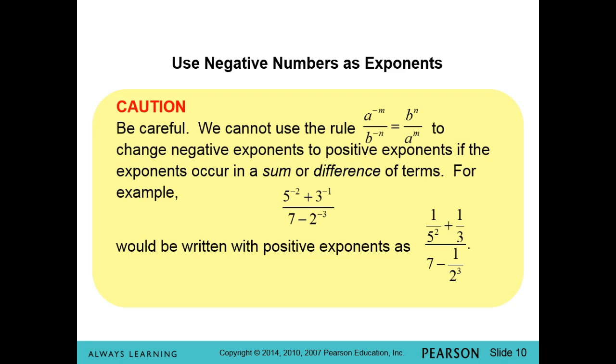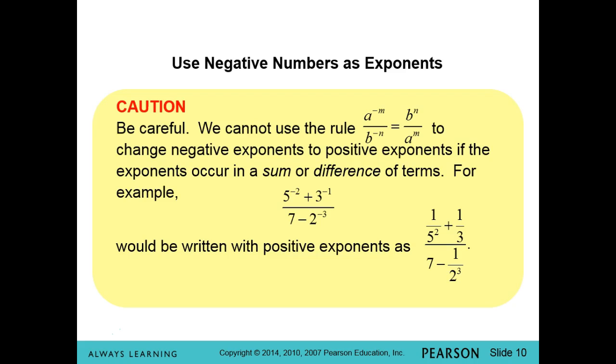Now, you tell me what that means. 5 to the minus 2 means 1 over 5 squared, which is 1 over 25, plus 3 to the minus 1, 1/3, okay? 1/25 plus 1/3 over 7, that stays the same, minus second.